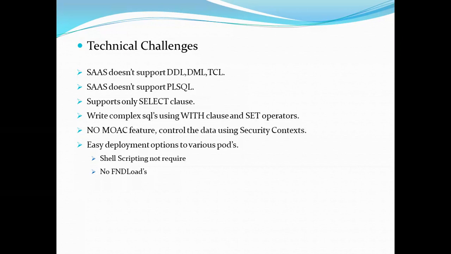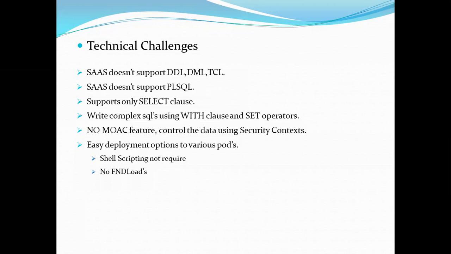Like RDFs or SQLs go to the respective tops, or application-related things we deploy with the help of LDTs. But here there is no shell script and no FND loads. Nothing is required for deployment. Simply we are archiving and unarchiving from the source to the target application. That's it.